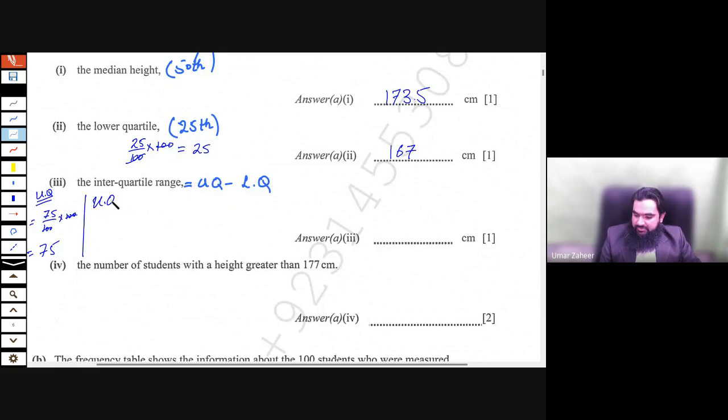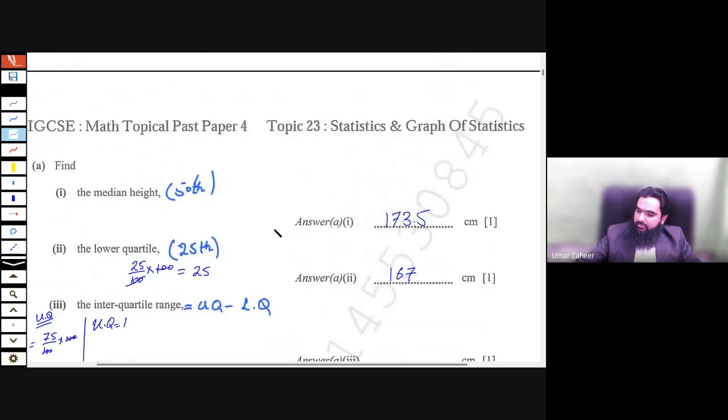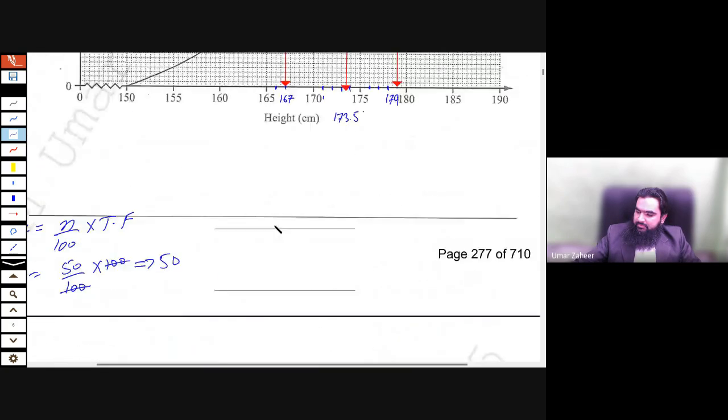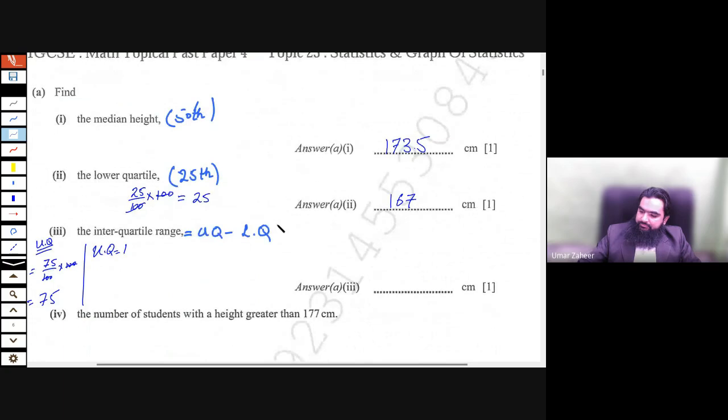So we need to find the upper quartile minus the lower quartile.